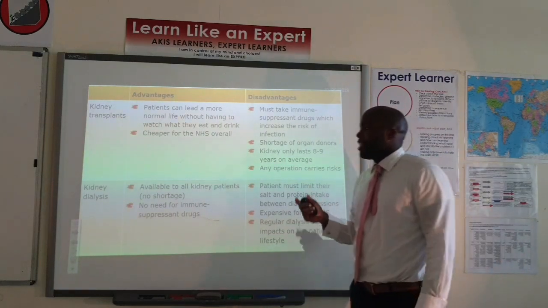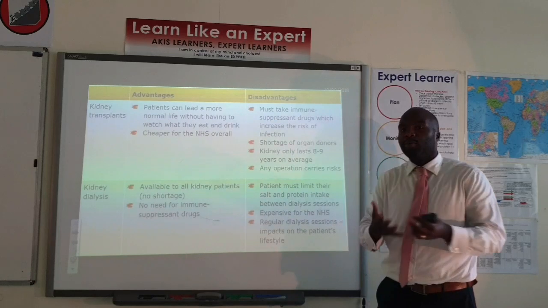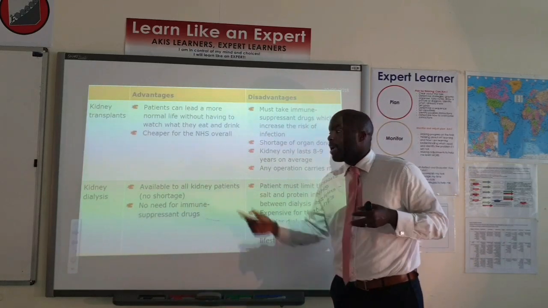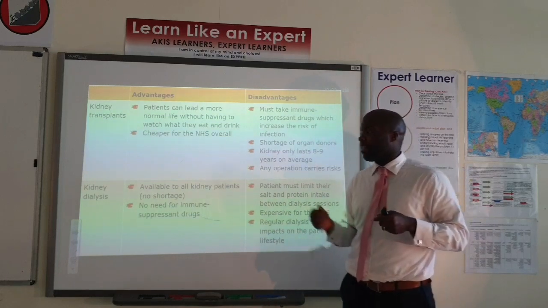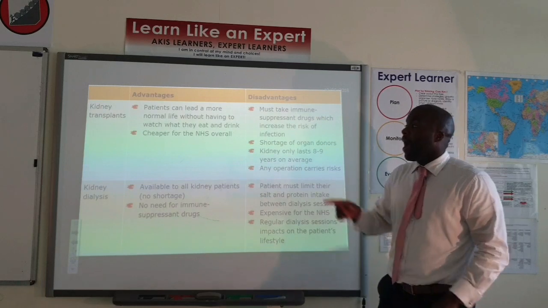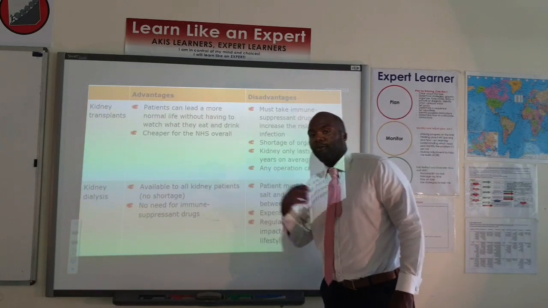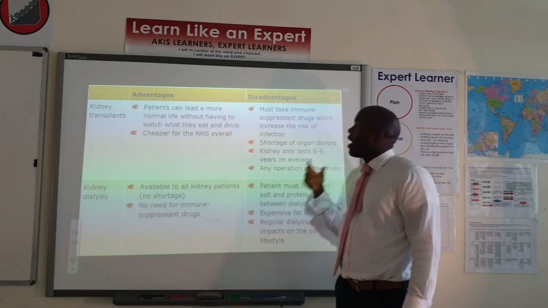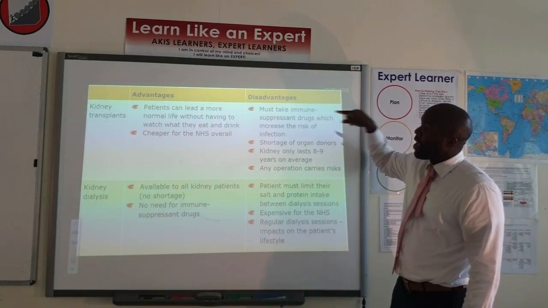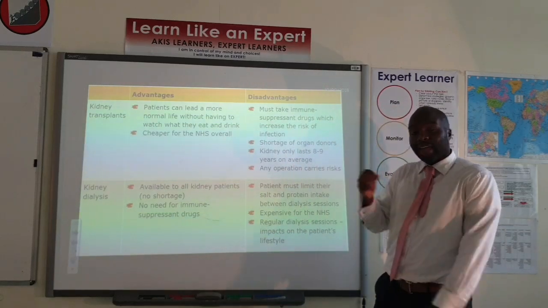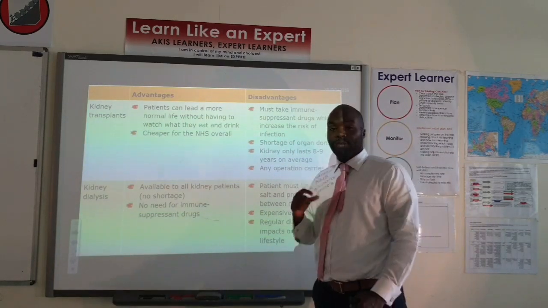Now, dialysis advantages is that it is available to all. Everybody can undergo kidney dialysis. There's no shortage of dialysis machines, for example. And also, there is no need for the individual undergoing dialysis to take immunosuppressant drugs. However, people that receive a donor kidney must take immunosuppressant drugs for the rest of their life.